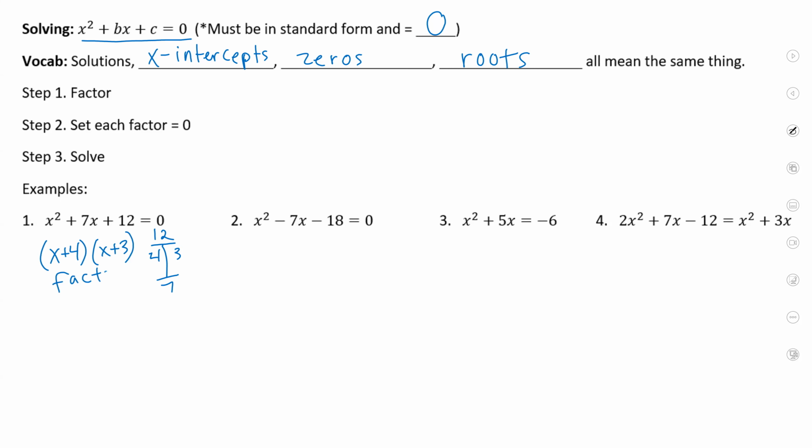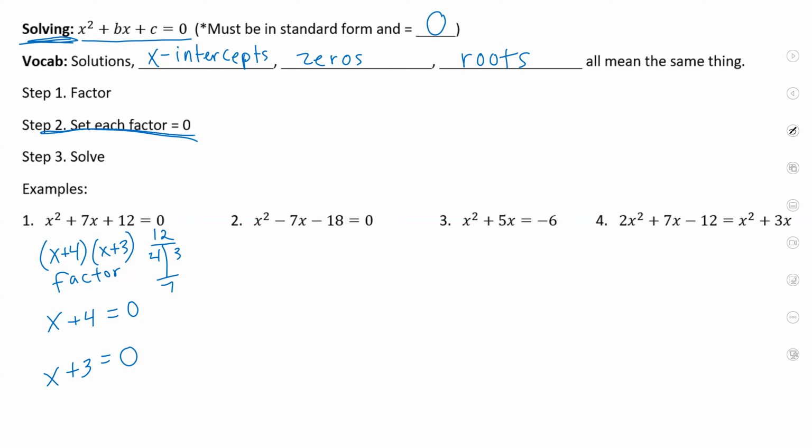I don't want you to factor right now. I want you to solve. We're solving now. Okay? So in order to solve, step 2, you just set each factor equal to 0. So x plus 4 is a factor, set it equal to 0. x plus 3 is a factor, set it equal to 0. That's step number 2. Set each one to 0.